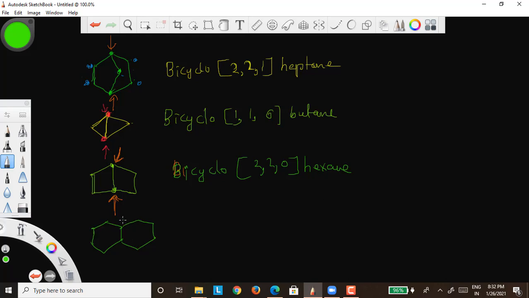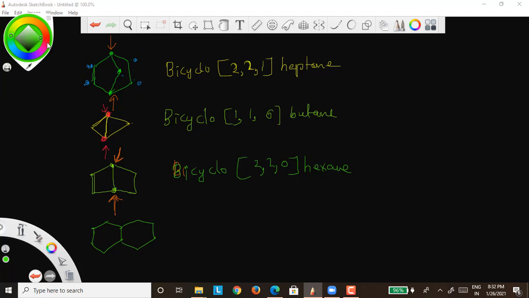On this side, these two are bridgeheads, so you identify the bridgehead positions. This is your bridgehead, this is the other bridgehead. Okay. In between the bridgeheads there is no extra carbon. This side carbons, this side carbons: 1, 2, 3, 4. This side 4 carbons of the bridges, 4 carbons of the bridges. Okay.